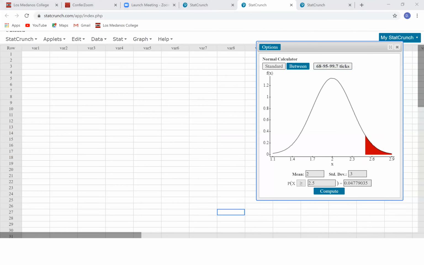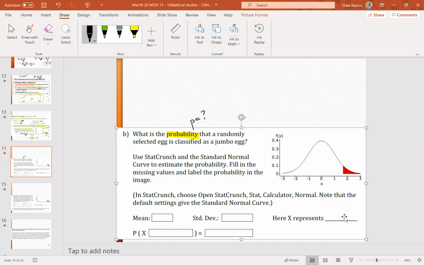Let me go back to our discussion. This thing here is approximately 0.047, or 4.7%, almost 5%. So fill the missing values and label the probability in the image.